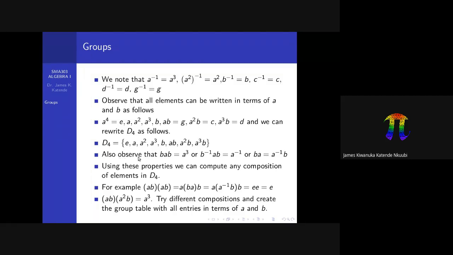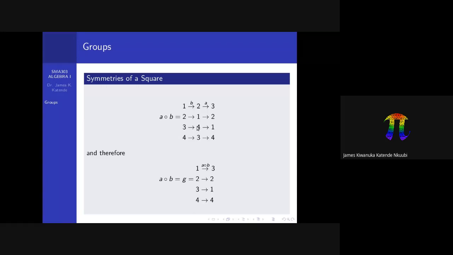A few more observations. You can check in your own time that if you compose B, A, and B, in that order, there's some shorthand I'm using here. You notice here, when you're doing the composition, we have this small circle in between to denote the operation of composition.